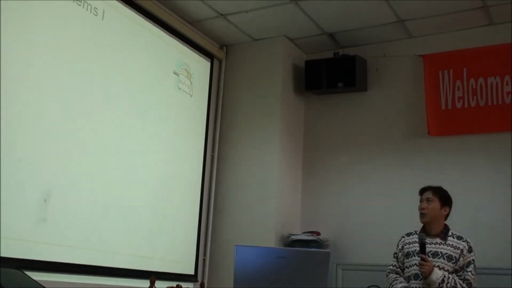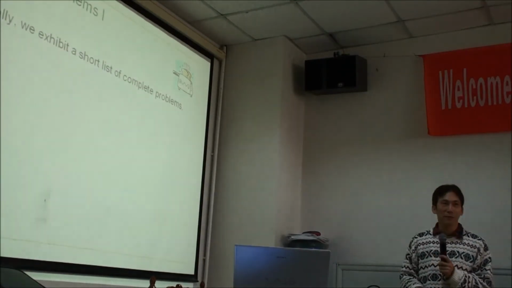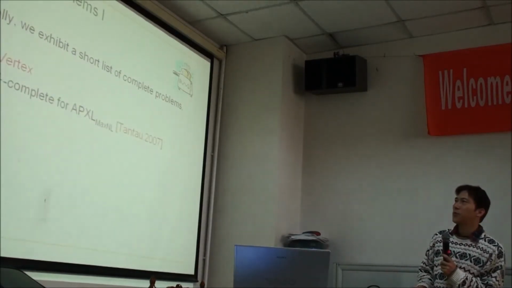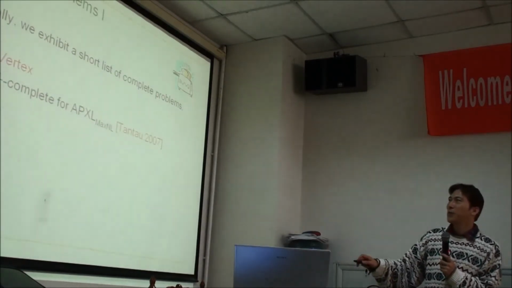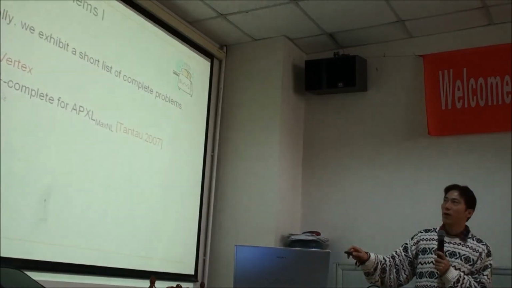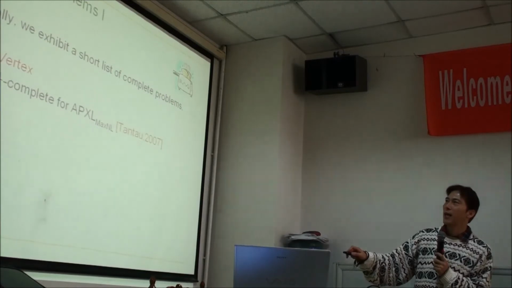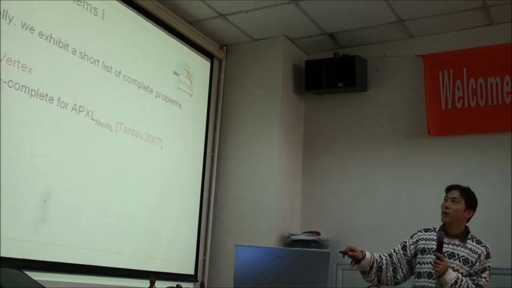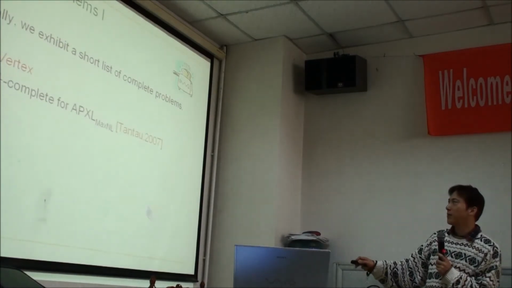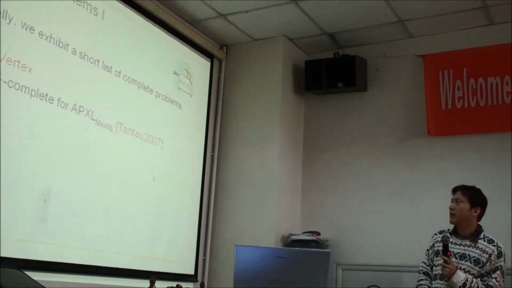Now, finally, we list a short list of complete problems. We have seen two problems. The first one is the max vertex problem. This is an APXL complete problem, and the reduction is the approximation preserving logarithmic space reduction. This is not my result; it was proven in 2007.